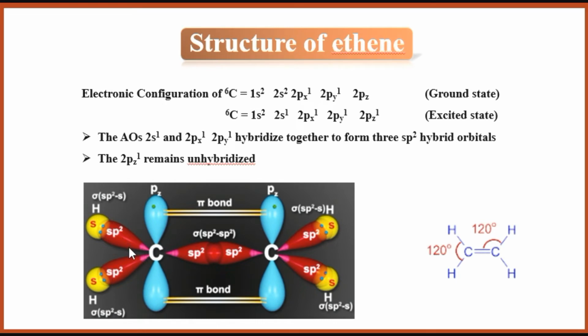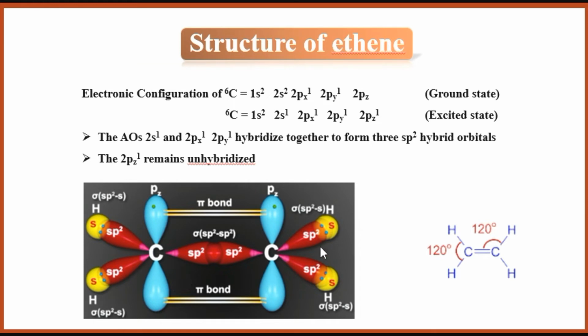And here these two sp2 hybrid orbitals would overlap with the 1s orbital of the hydrogen atom, forming a sigma bond as a result of the overlapping of sp2 orbital with s orbital. And similarly here, this bond would also be sigma in nature, formed by overlapping of sp2 hybrid orbital with s orbital.